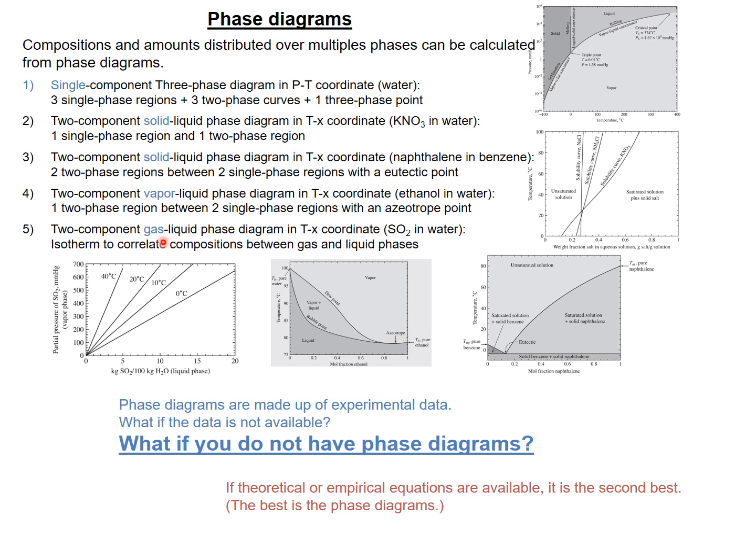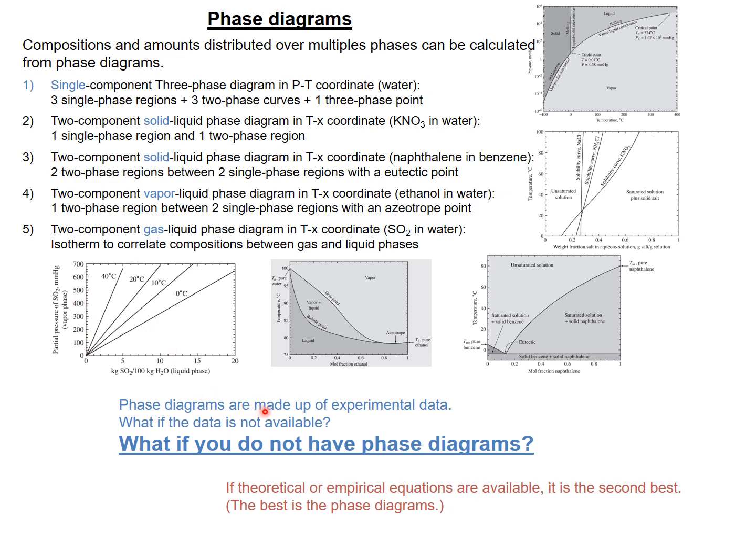And the last one was the two-component gas-liquid phase diagram in temperature-composition coordinates of SO2 gas in water. Here, each line is called an isosum, and the isosum is used to correlate compositions between the liquid phase and gas phases. So we have some experience of various phase diagrams until now.